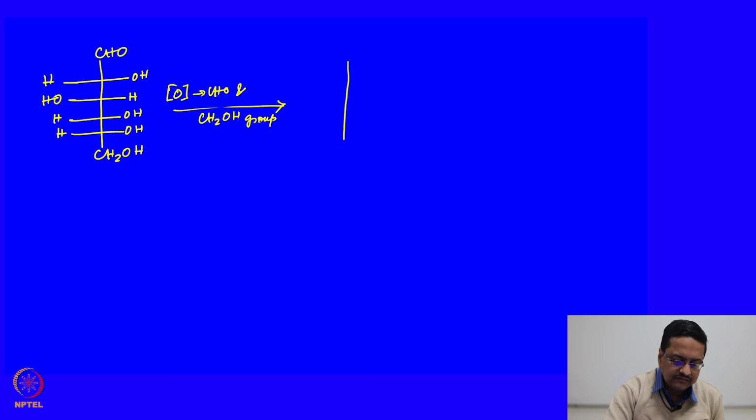So, if you do that, what you end up with is CO2H, at the bottom also CO2H, and we have 4 chiral centers where OH, OH, H and OH, on the other side hydrogen, OH, H and H.